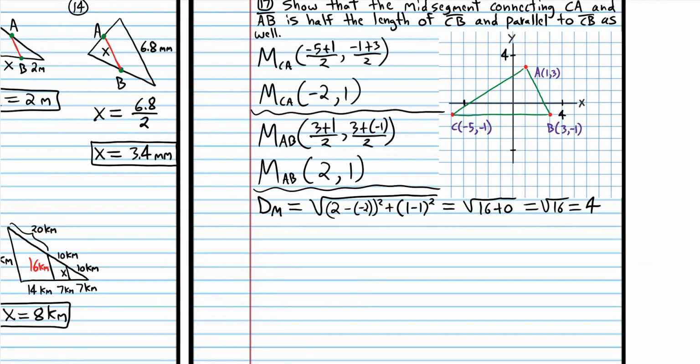So now we have to find the distance between C and B and show that that is double that distance. So it should be 8 if the midsegment theorem holds for this particular problem. So using C as point 1, we have 3 minus -5, and -1 minus -1.